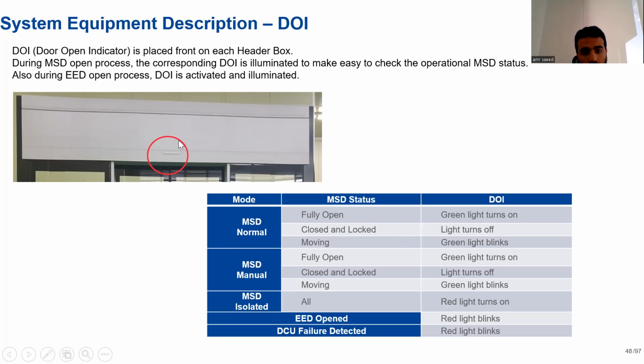When it's moving, you can find it light green color blinking. And when it's the manual mode, you can find the same colors. When it's isolated, you will find it red. Isolated is very specific, very dangerous.